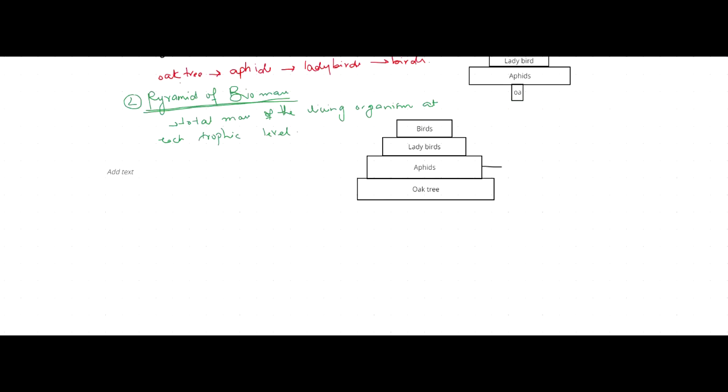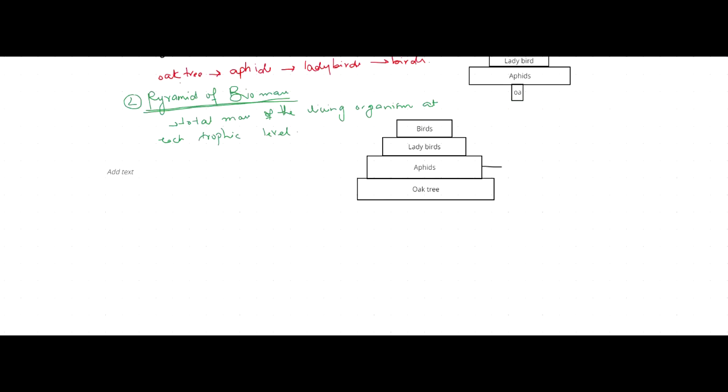The energy stored in the grasshopper is significantly less. This is the reason why one ladybird may need to eat 3, 4 grasshoppers to get the energy it needs, right?